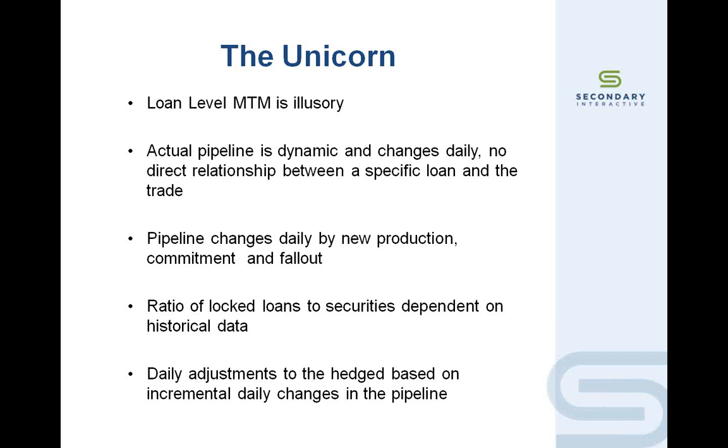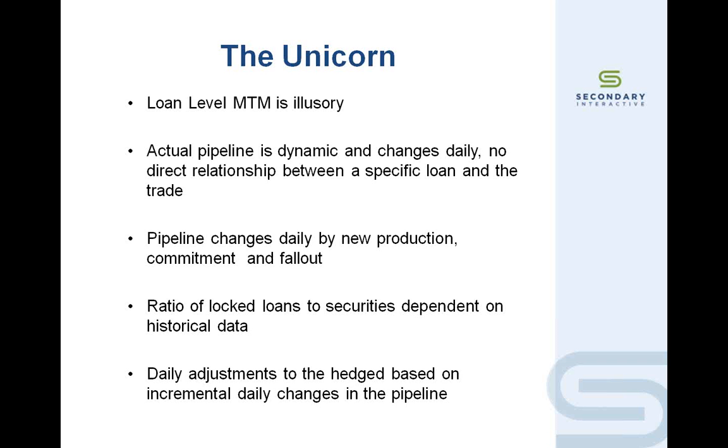The challenge in a hedging or a mandatory type environment is that there is no one-to-one correlation between the loan itself and the trade. For example, you may take in $1 million worth of loans on day one, and we'd sell forward, let's say 80% pull-through, $800,000 worth of coverage.